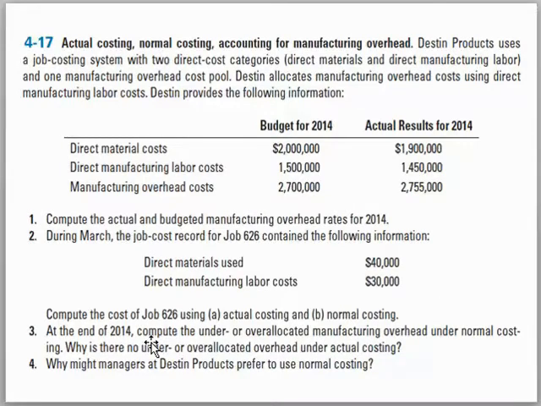Third requirement. At the end of 2014, compute the under or over allocated manufacturing overhead under normal costing. He wants to know if there is under or over allocated overhead under the normal costing.